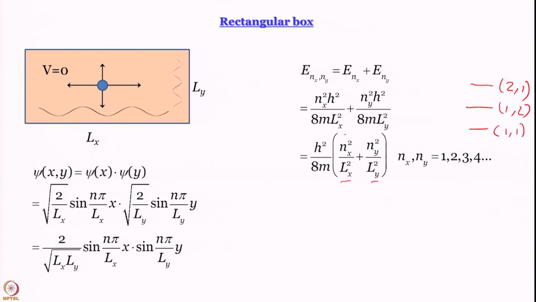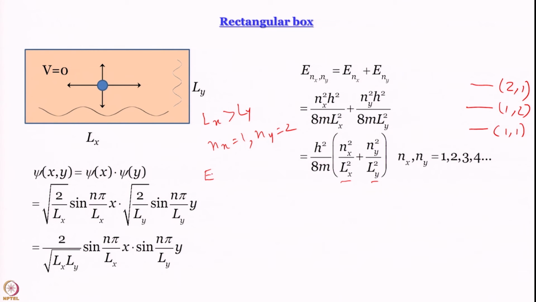Let us say we are working with a situation where Lx is greater than Ly, right. Let us say Nx equal to 1, Ny equal to 2. Then what will the energy be?